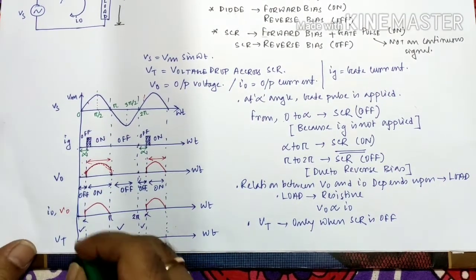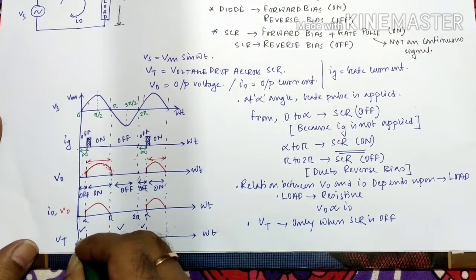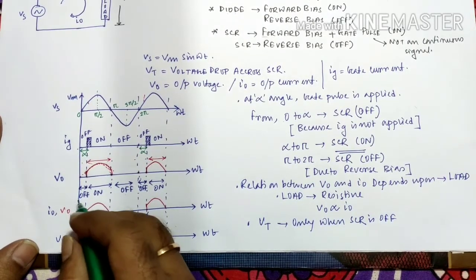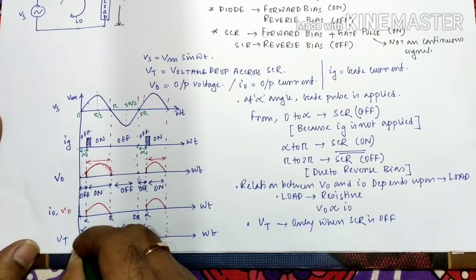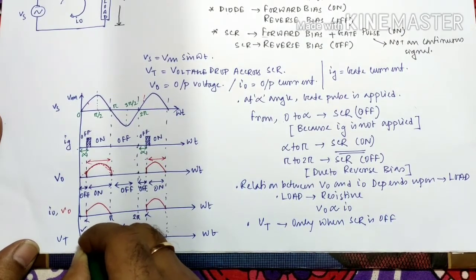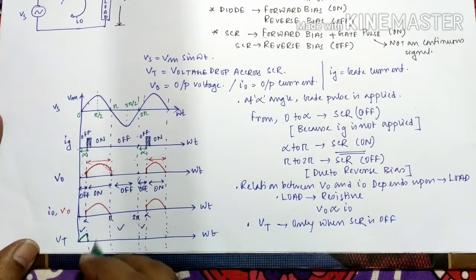So we can draw it easily here. In this position Vt will be available and it will follow Vs. So in this transition it follows Vs. After that SCR gets on, that means it's a short circuit condition with respect to SCR. So we will not get any amount of Vt here.